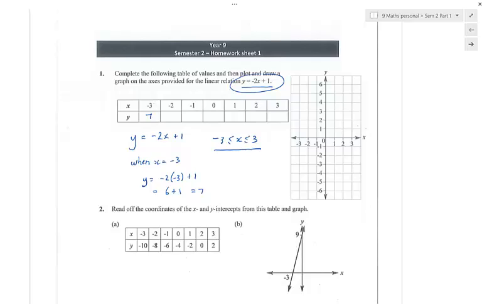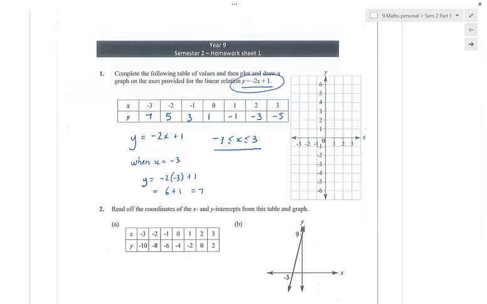So what do you think the next one would be? 5. And then the next one? 3, absolutely. Then 1, negative 1, negative 3, negative 5. That's only when we're going across in ones. So you could actually finish that off.